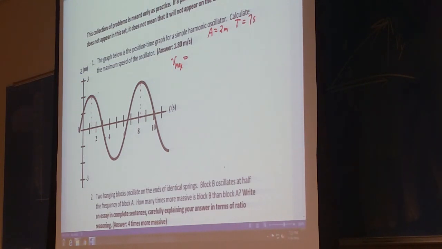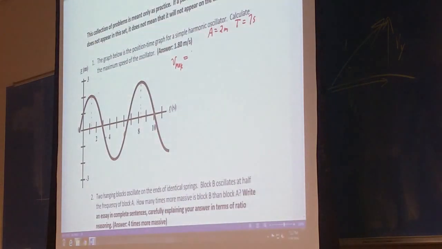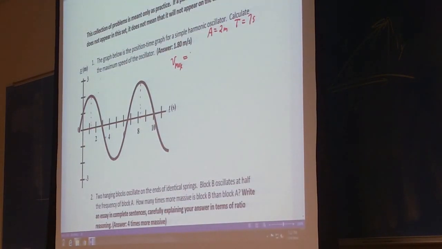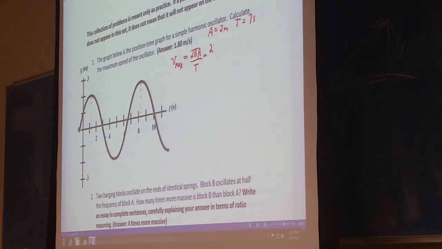Now, does anybody remember a formula for Vmax in terms of amplitude and period? 2 pi f A. Okay, yeah, 2 pi A over T. So now we just plug in our 2 meters and our 7 seconds.